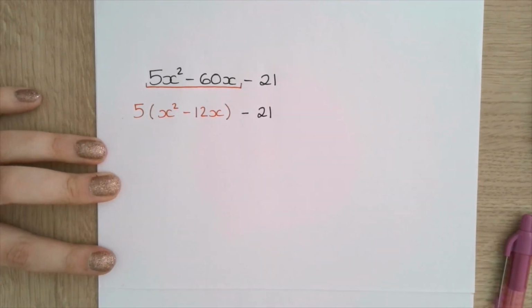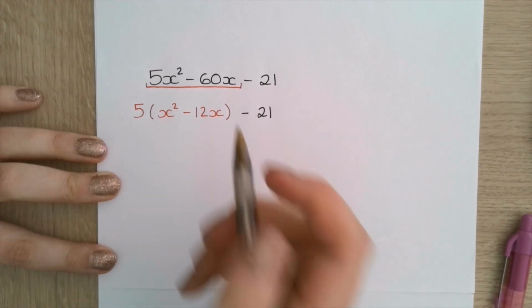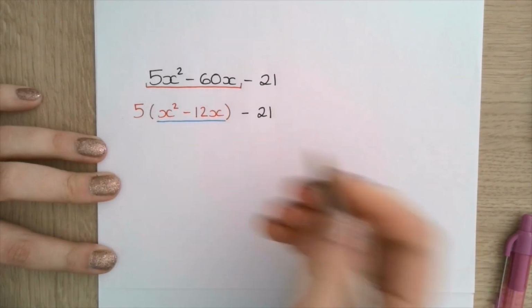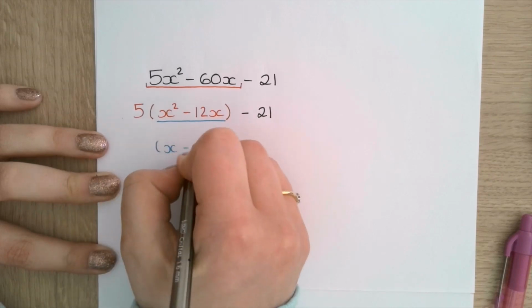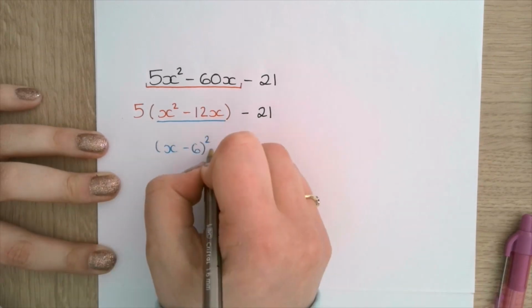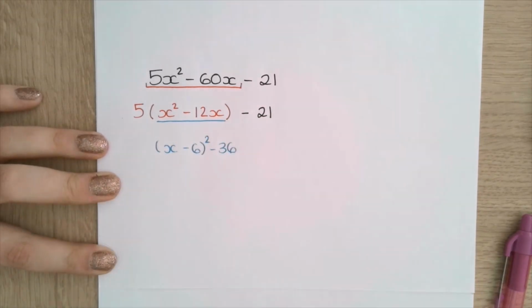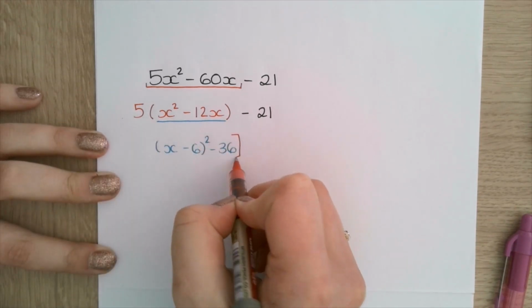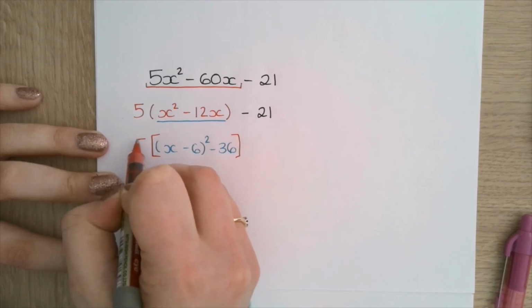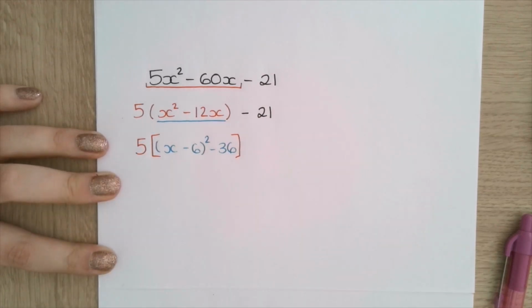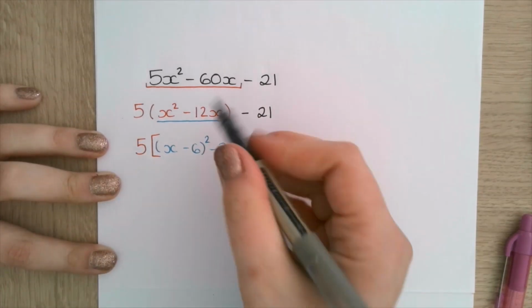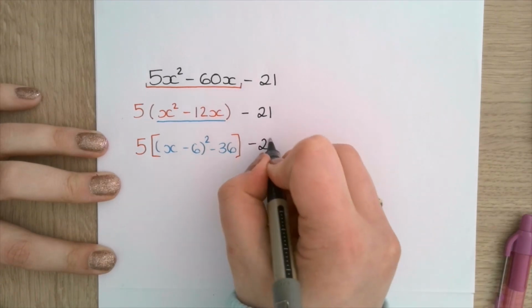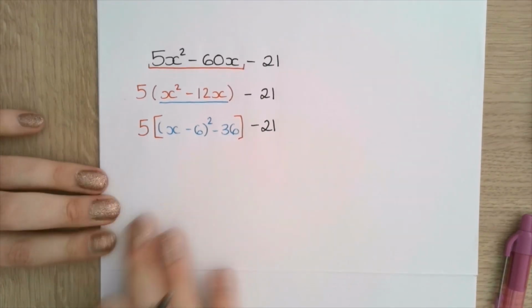Complete the square on the x squared minus 12x is x minus 6 all squared minus 36. I need to now remember that this is all inside brackets being multiplied by 5, and I also need to make sure that I don't forget about that minus 21 at the end.